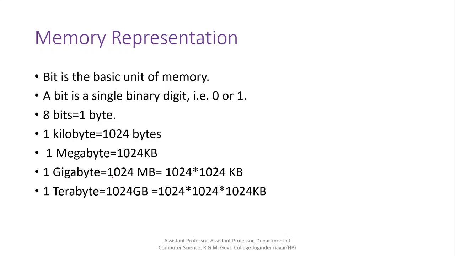Before going into details of primary memory and secondary memory, firstly we should know how the memory is represented in the computer system. The basic unit of memory in a computer system is the bit, and a bit is a single binary digit, so it is either 0 or 1. A combination of 8 bits is equal to 1 byte.